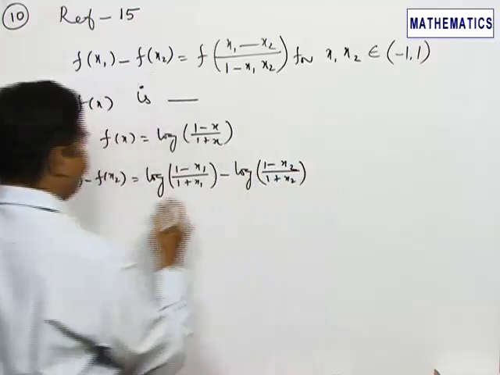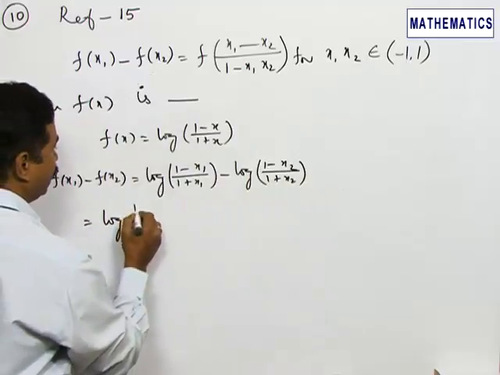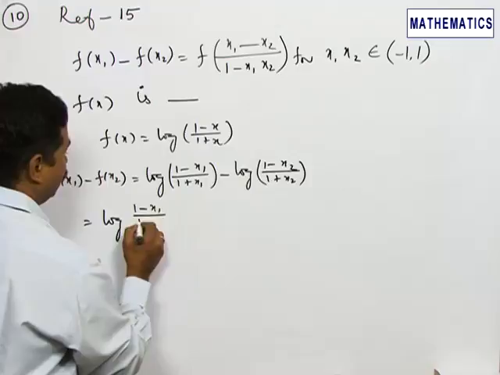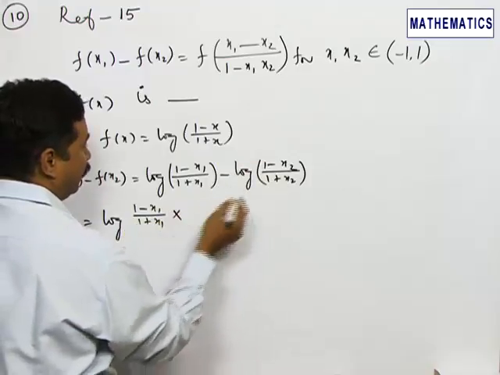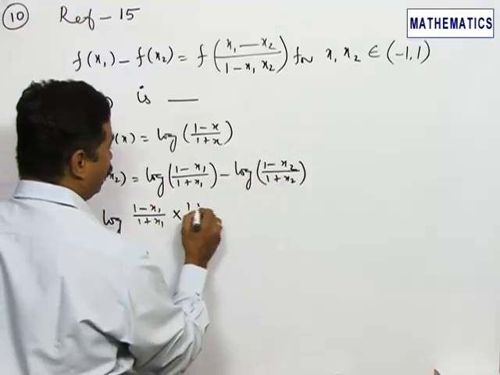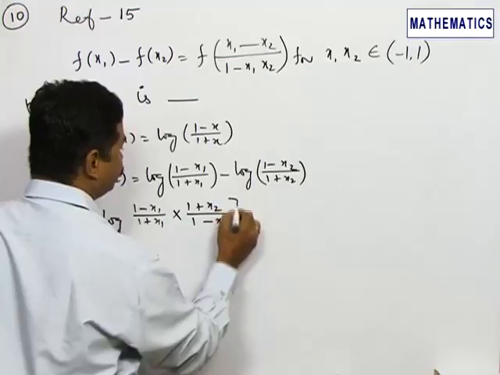We know the logarithm log a minus log b is log of a by b. So you can write (1 minus x1) by (1 plus x1) divided by this quantity, whereas you can invert this to (1 plus x2) by (1 minus x2).